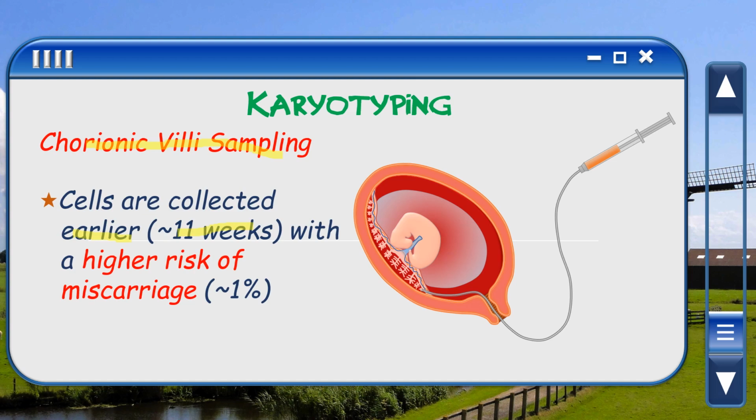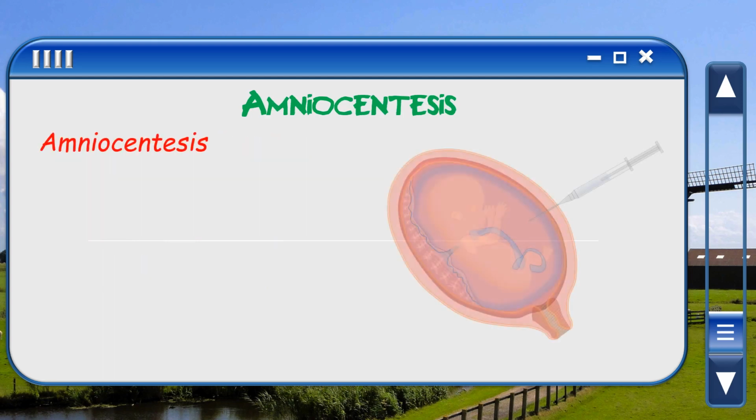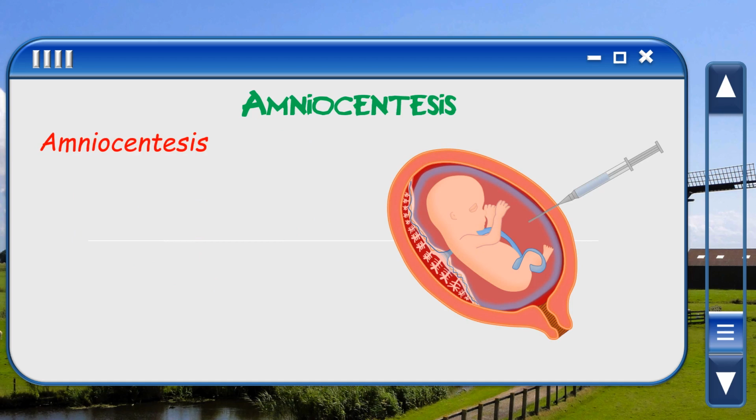But this one has a higher risk of miscarriage, approximately 1%. So here they are extracting the cells from the chorionic villi, but the problem is that there is a higher risk of miscarriage. Then we have amniocentesis.